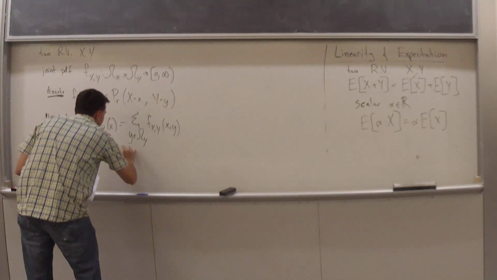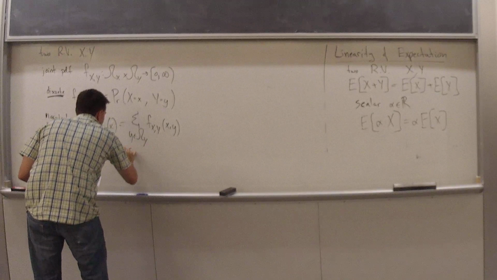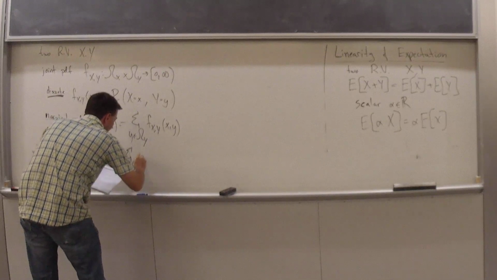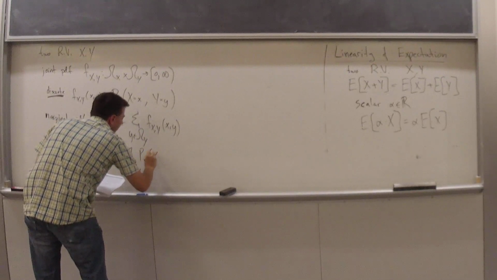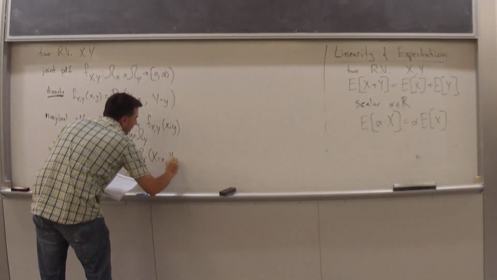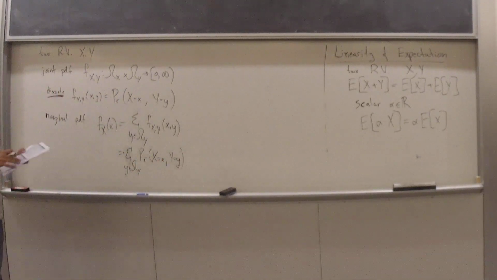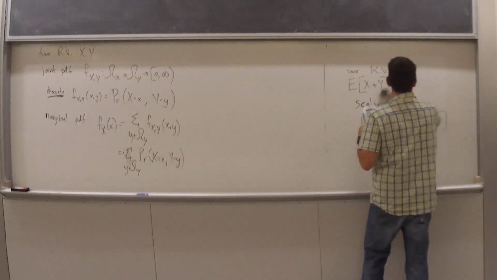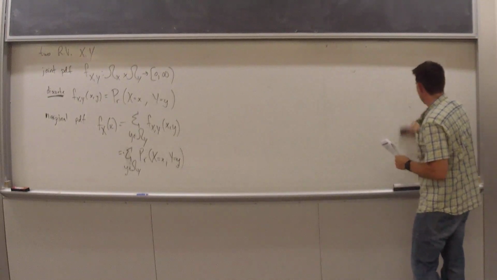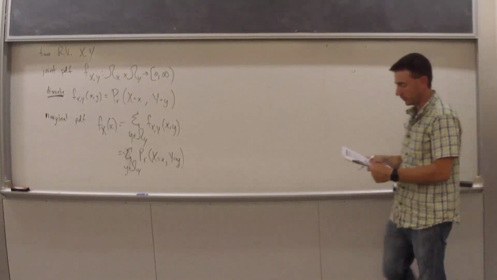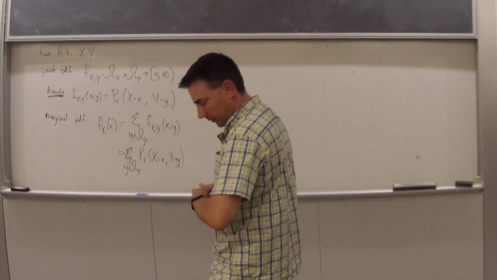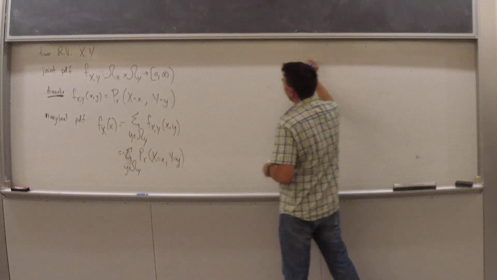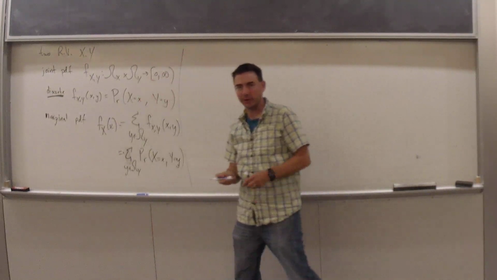So this is equal to the sum over all the values that y can take on of the probability that x equals x, y equals y. Okay, so just so this is clear, I've got a fun example, and then we'll talk about the continuous case. Okay, so I had a story.